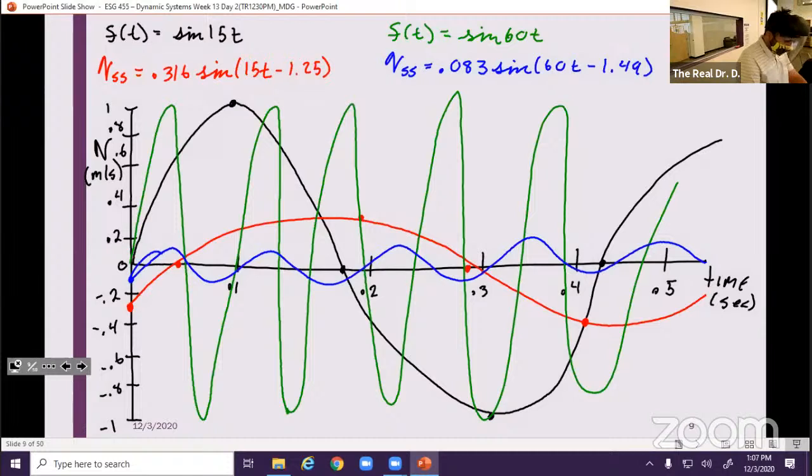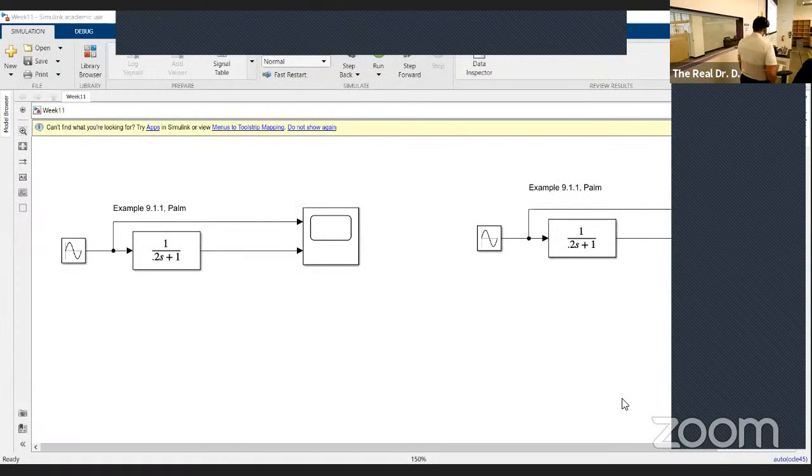Okay, so allow me to share this. Here's a Simulink model. Please don't crash on me. It's my Simulink model.